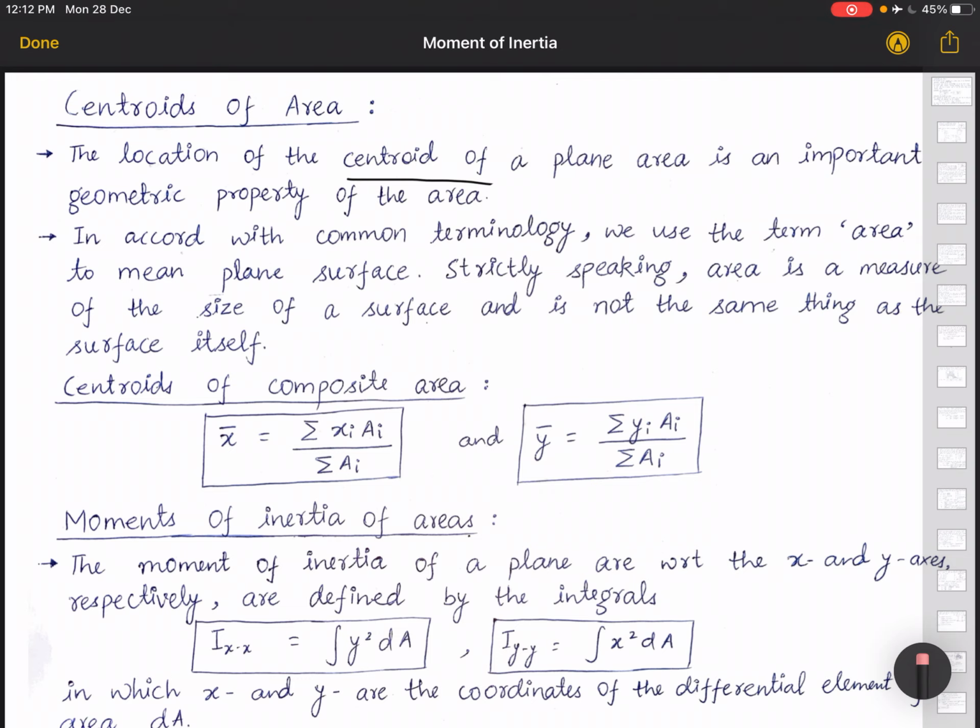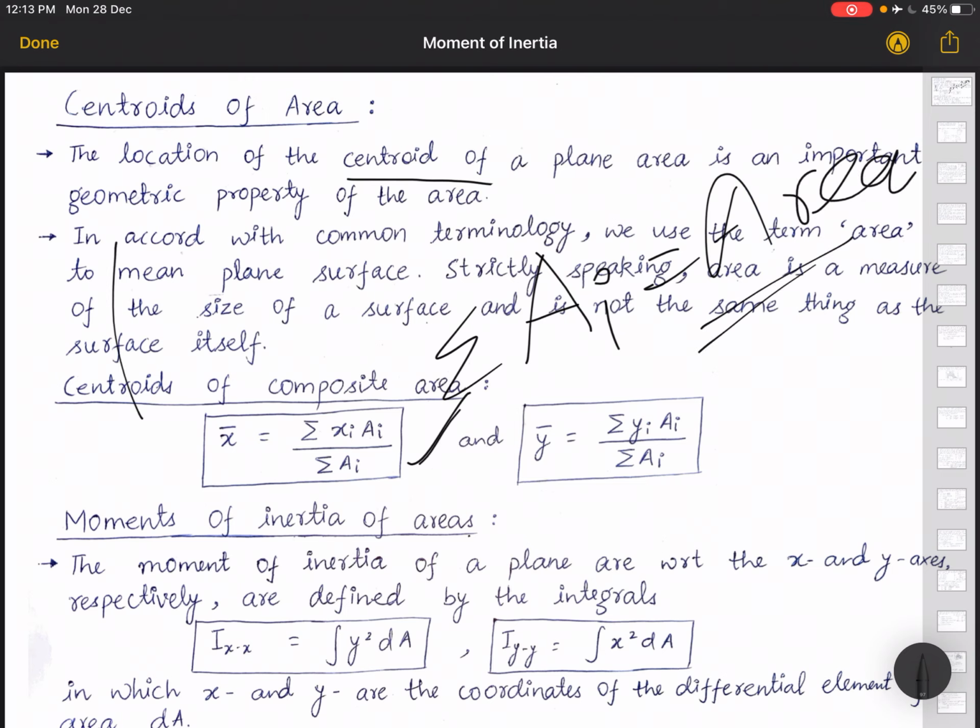How are we going to calculate the centroid? We will be using this formula: summation xi ai divided by summation ai. What is ai? Summation ai is the total area.